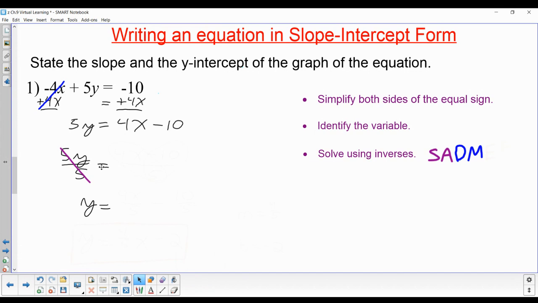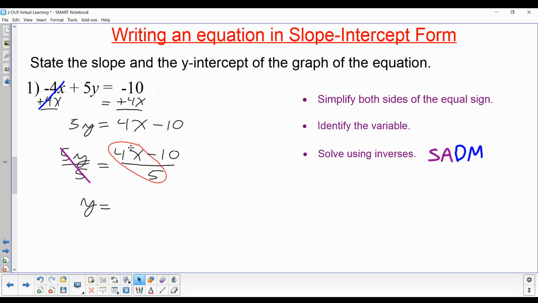And that equality property says whatever I do on one side, where I divide it by 5, I have to do to the other. So I have to take my 4x minus 10 and divide it by 5. And here I do want to remember how fractions work. So this is the 4x over 5.